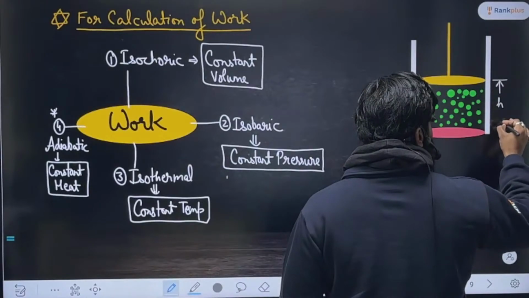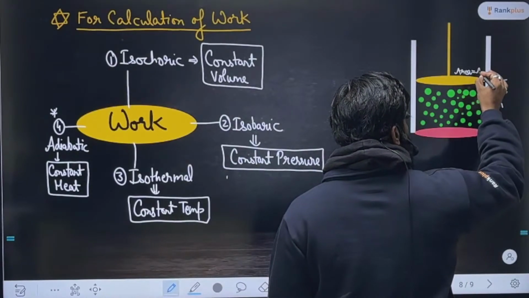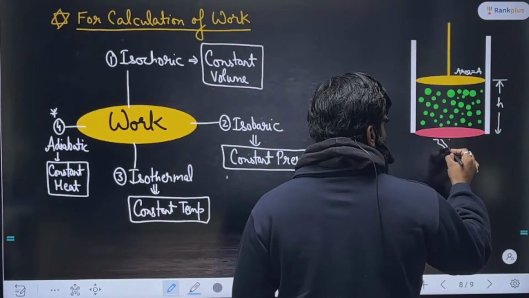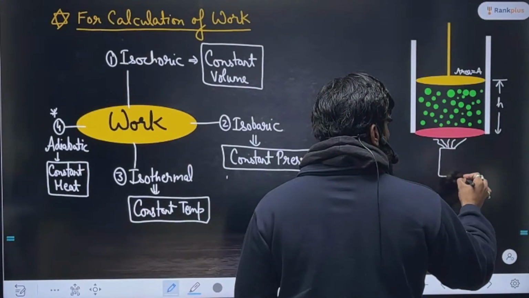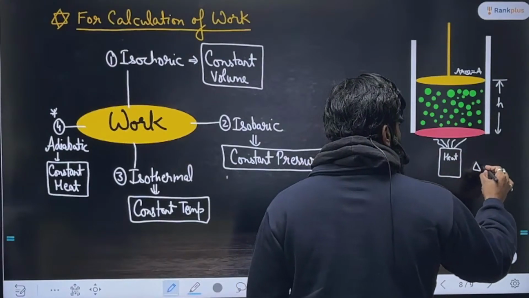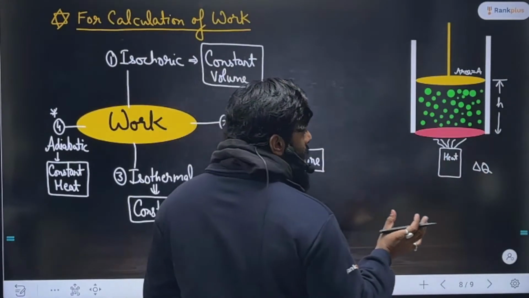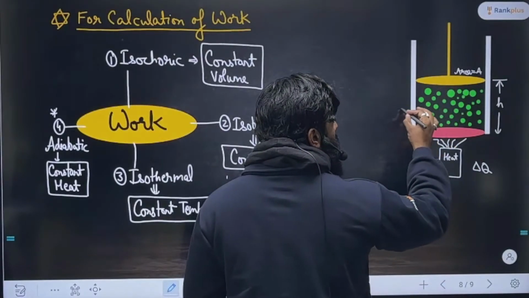The area of base is A, and here we are providing some heat, delta Q.